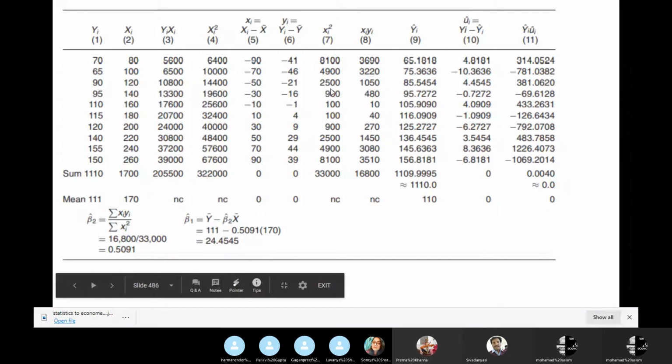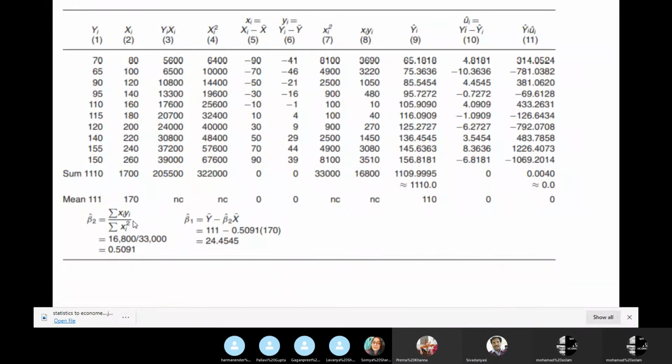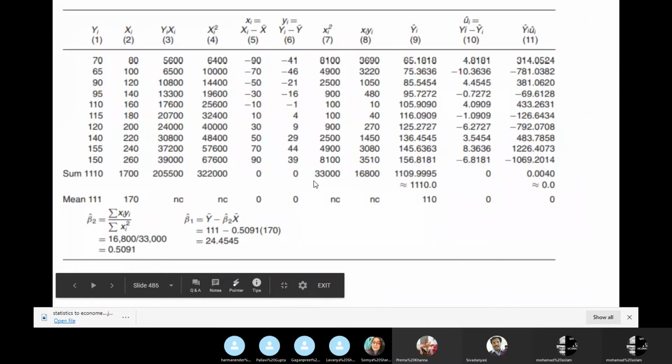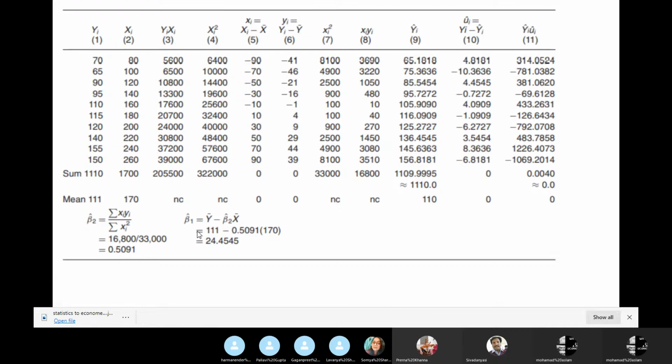If you divide this summation by this summation, you will get the value of the slope coefficient. And for the intercept, it's y mean minus beta 2 hat times x mean. Now that we have beta 2 hat, if we put it here, we get beta 1 hat. So this is how you get the slope coefficient and intercept coefficient for the regression line.